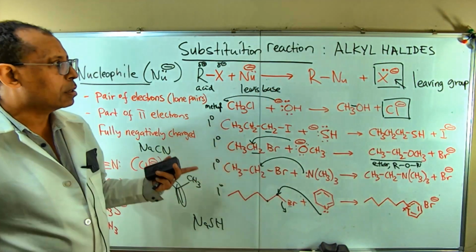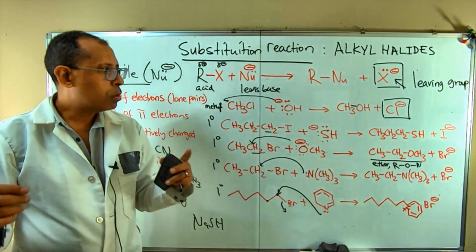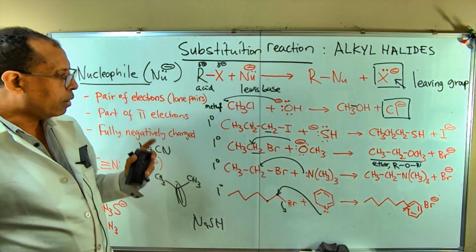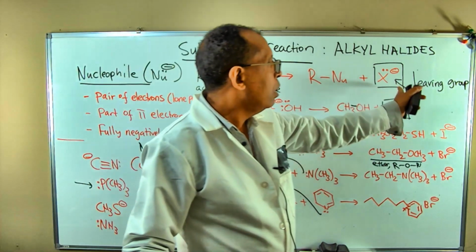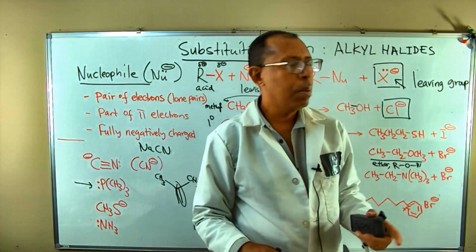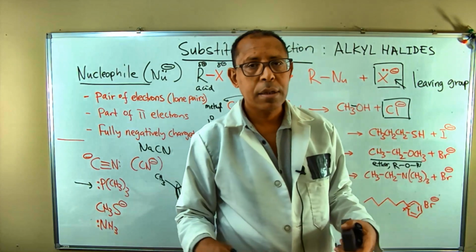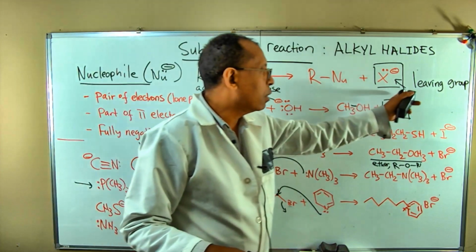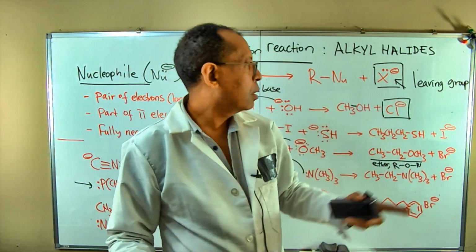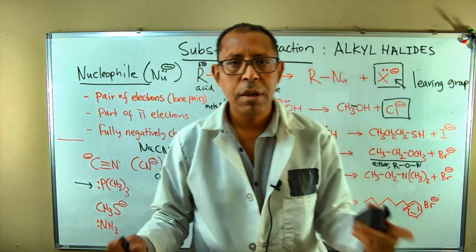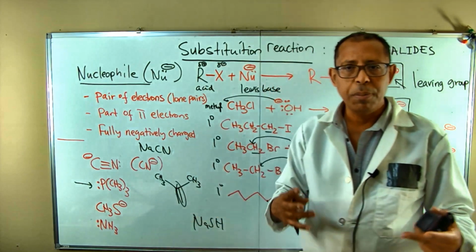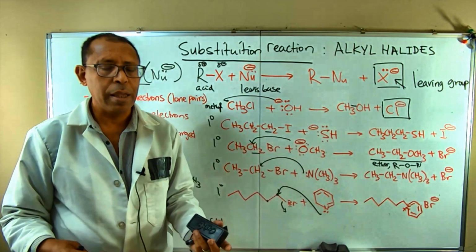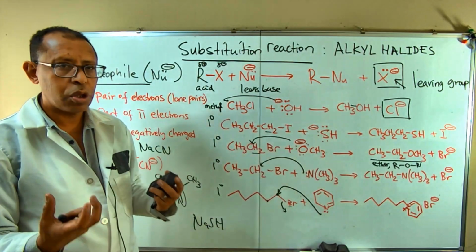There are many factors that affect substitution reactions. One important factor is how strong the nucleophile is. Second is how stable the leaving group is once it has participated in the reaction. A good leaving group is something that carries a negative charge very nicely, either by resonance or by its own inherent electronegativity.